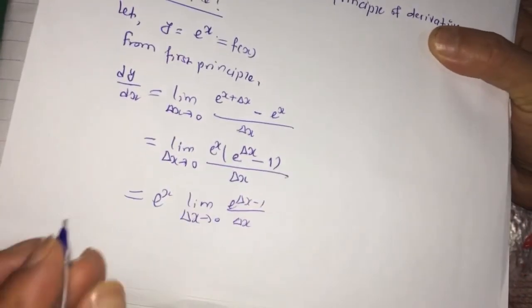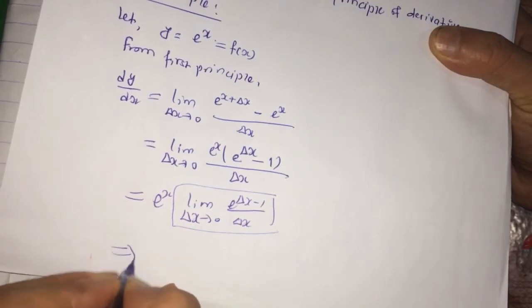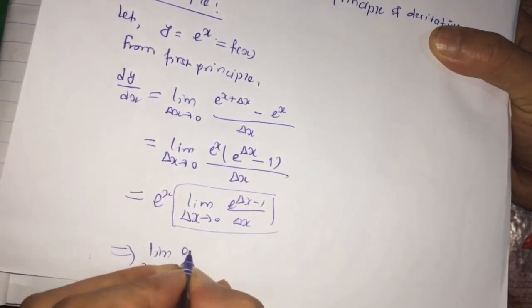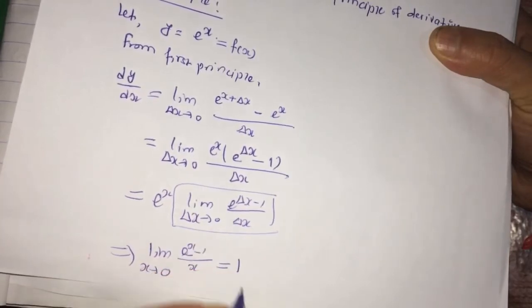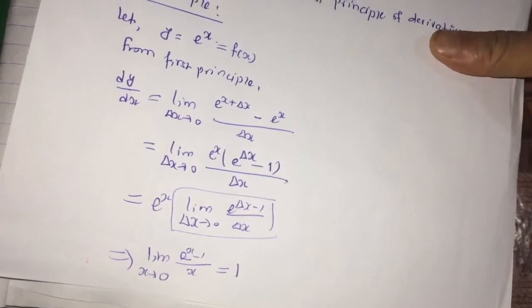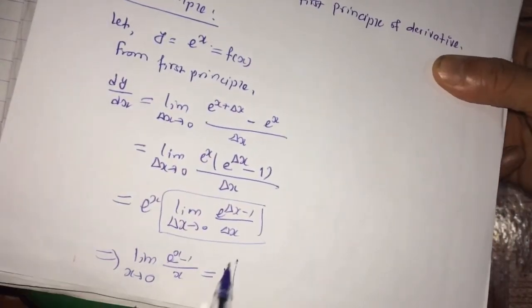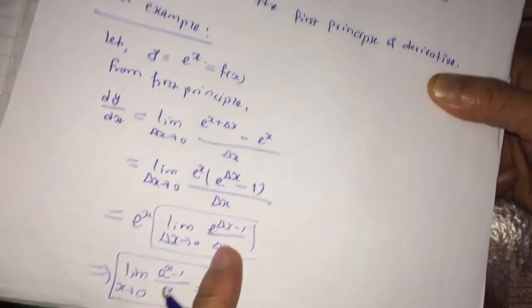This part is in the form of the limit x tends to 0, exponential x minus 1 divided by x, which is equal to 1. We use this standard formula here.